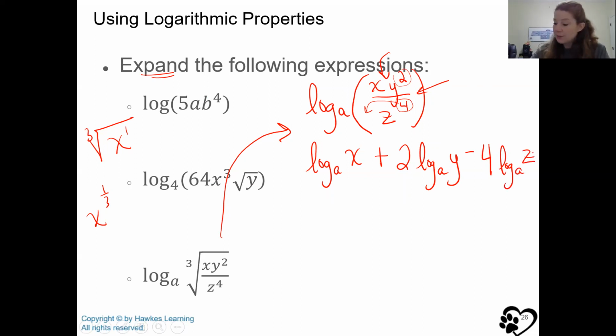All right, I'm going to double check my notes. I don't want to mess you guys up trying to find it. And the only thing I forgot is, when I rewrote it, even though I wrote it right here, I forgot to write the exponent of 1/3. Did you catch that? I dropped that whole part.